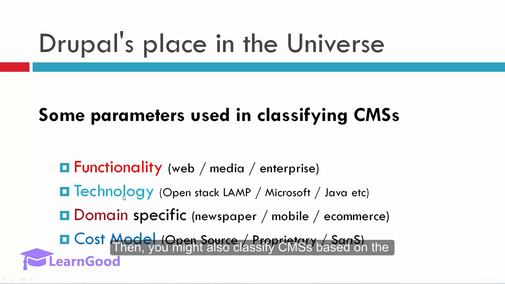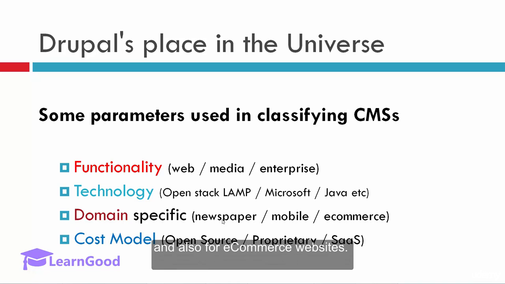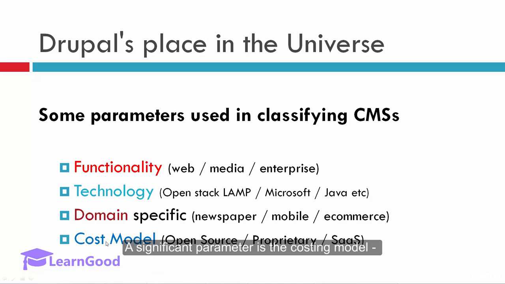Then, you might also classify CMSs based on the usage in specific domains. For example, online newspapers are primary users for specialized CMSs. Similarly, specialized CMSs have also recently evolved for serving mobile media content and also for e-commerce websites. A significant parameter is the costing model.